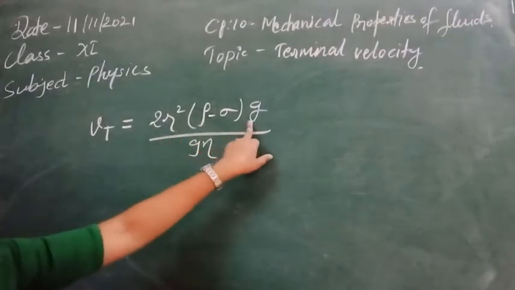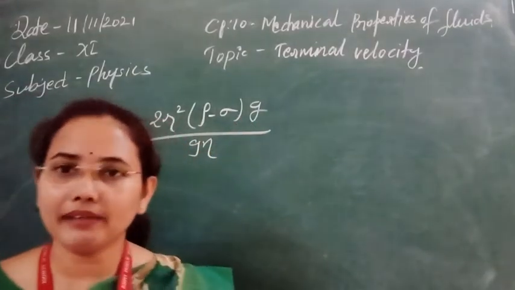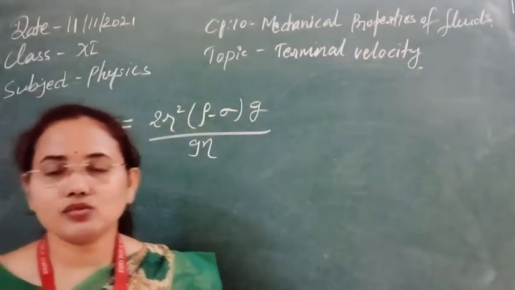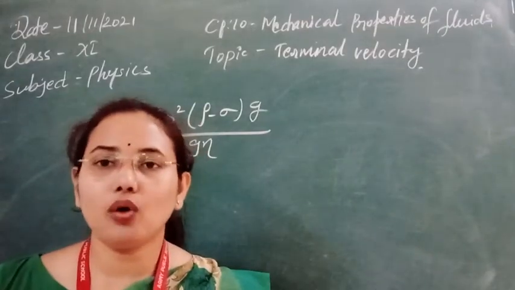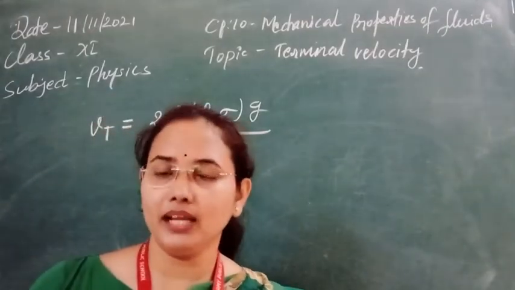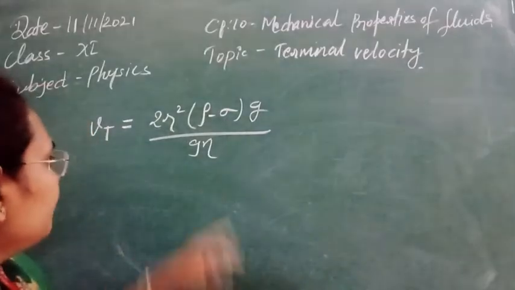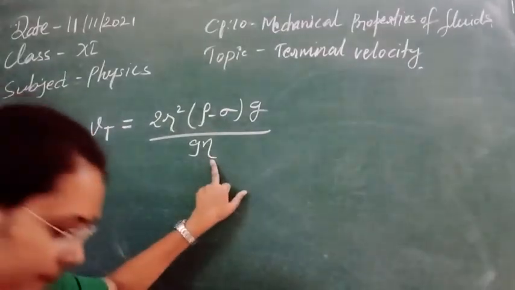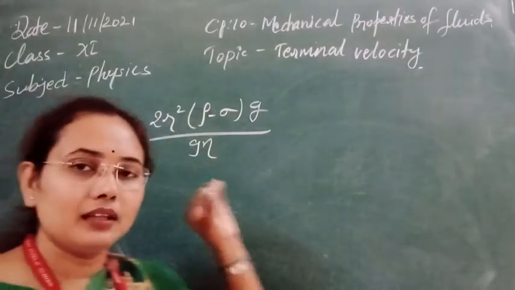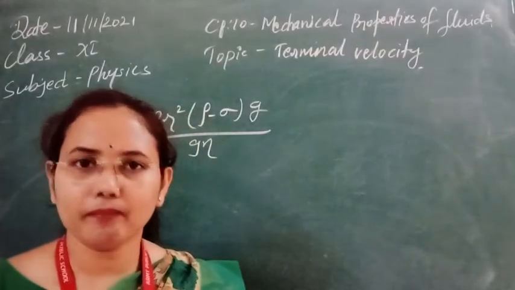Next, it also depends on the acceleration due to gravity. If gravity increases, then with the increase in gravity the terminal velocity will also increase. The third factor is the fluid in which the ball or body is moving.